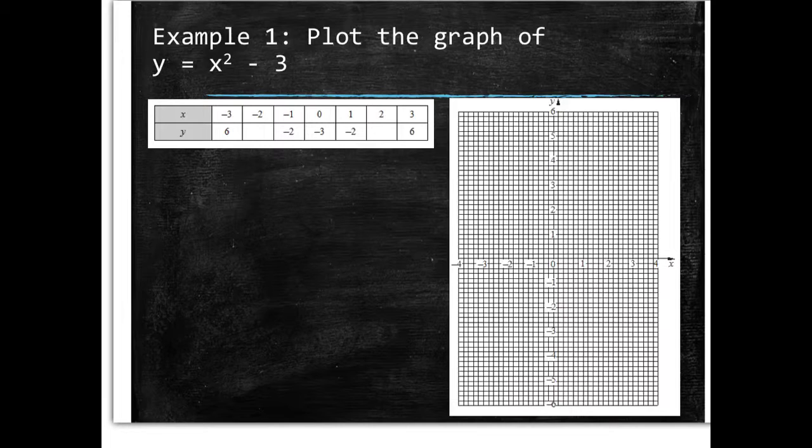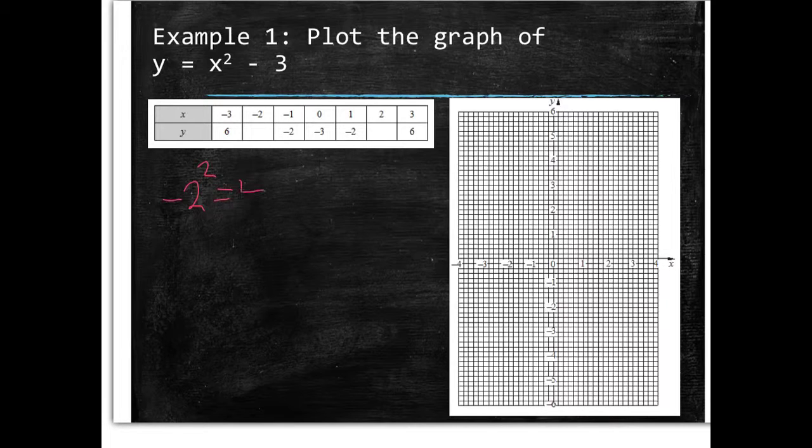Something that we're going to have to do is think about what happens when we square negative numbers. This is key to getting the right answer with this. So the first thing we're going to do is think about what happens when we do minus 2 squared. Minus 2 squared is the same as minus 2 times minus 2, which is positive 4.